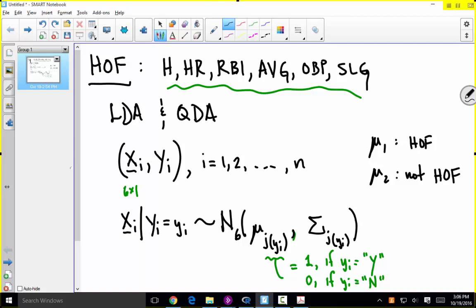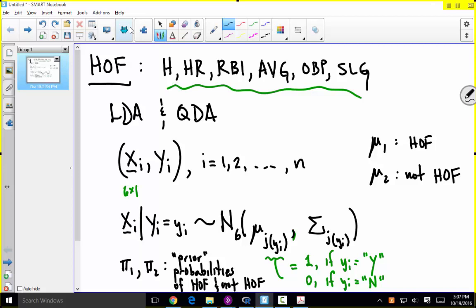So if we have this multivariate normal assumption, or multivariate normal likelihood for the data, and if we have prior probabilities, let's call them pi 1 and pi 2, these are prior probabilities of Hall of Fame and not Hall of Fame, respectively.